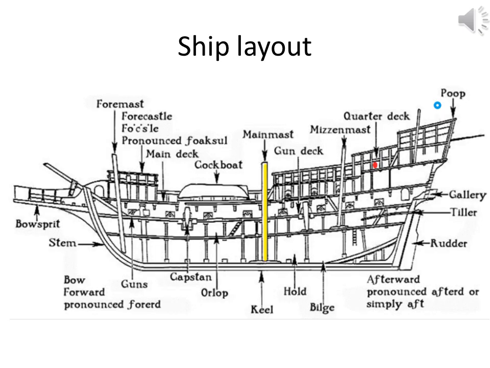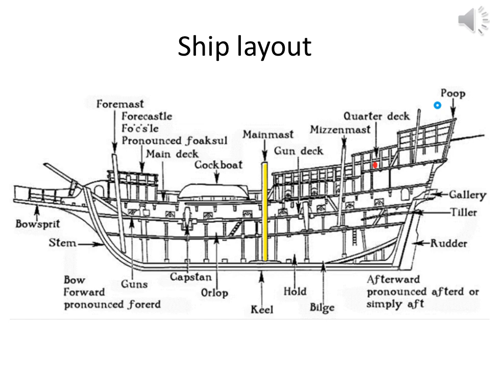Let us see the layout of a ship from a layman's point of view. A ship has in the middle a pole called the mainmast, and on the left-hand side you may be watching the bowsprit. There is also one more called the foremast, which is towards the forward, and at the rear side, the back side, there is a poop, and near the poop is a quarter deck.